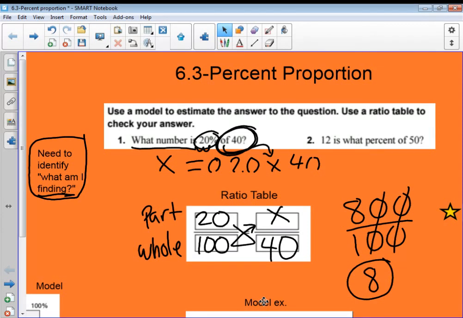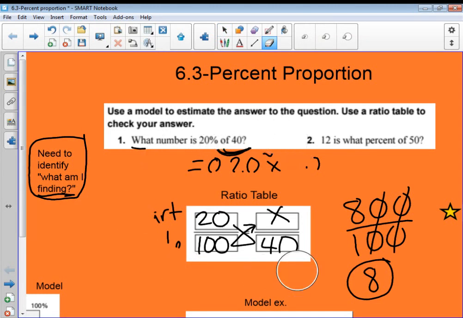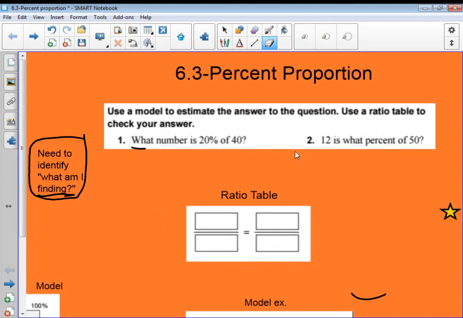All right, so my answer would be 8. And if I used my calculator to answer this equation, 0.2 times 40, that will also give me 8. So I just overwhelmed you with 3 strategies, and that's okay, because we're going to continue to use these strategies on 3 more problems.